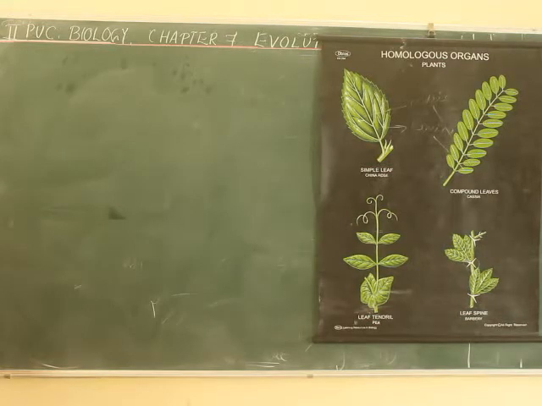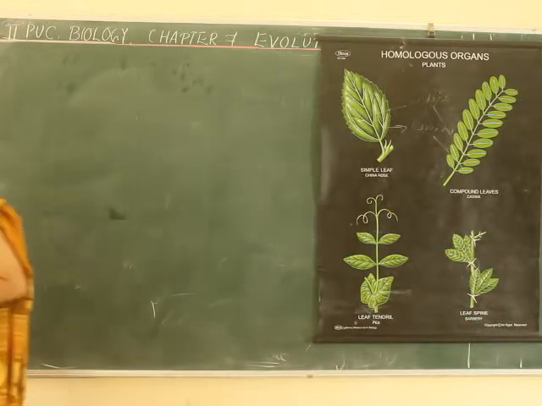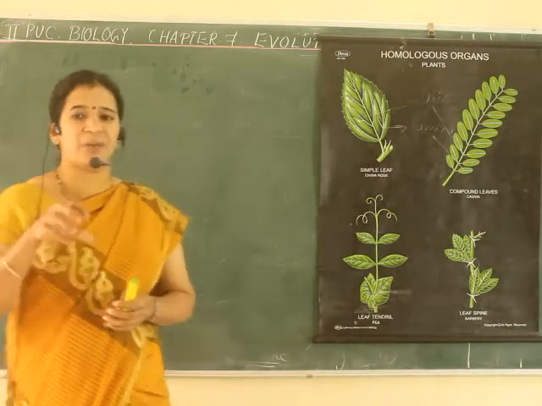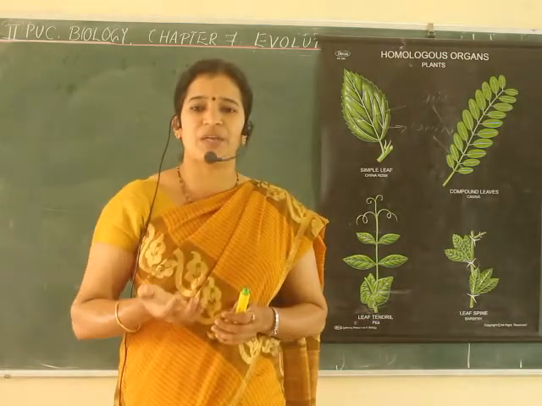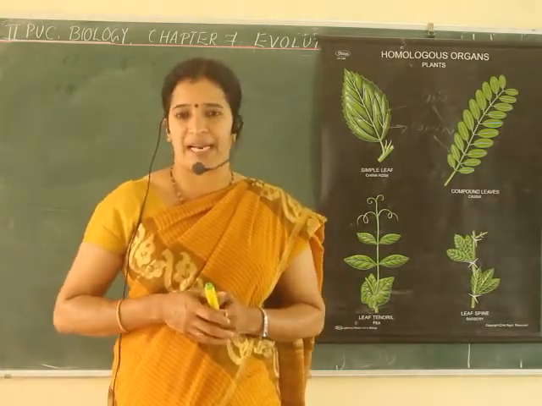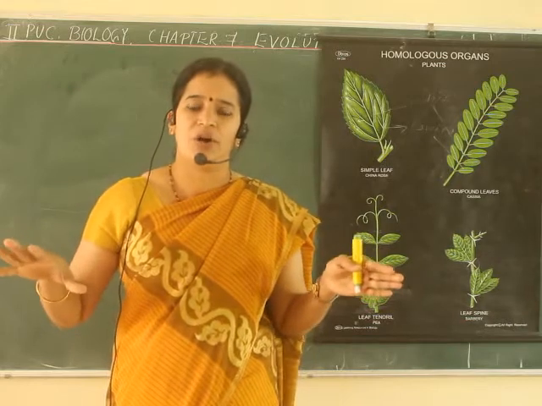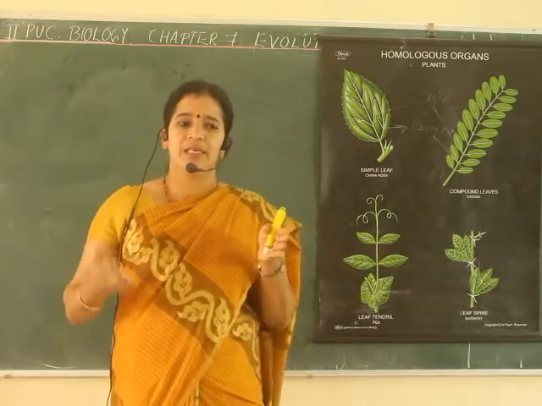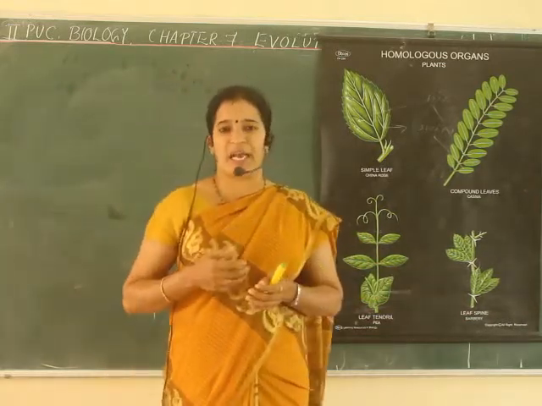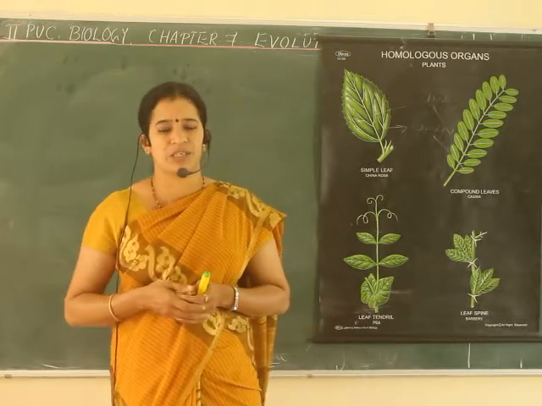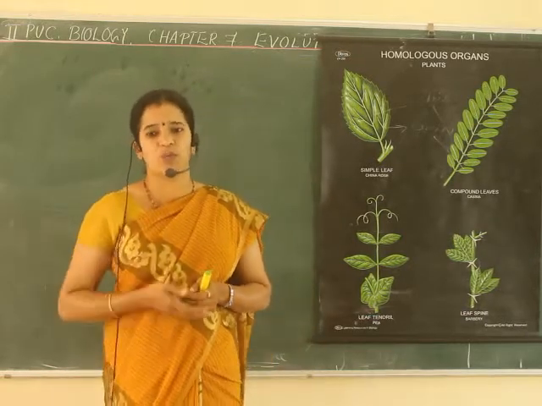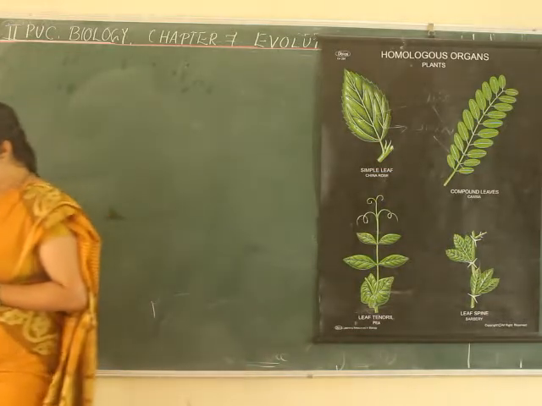He understood that the most superior, advantageous characters will be selected by nature. In this way, natural selection preserves the species with the superior character. Those characteristics will survive more and will be passed on to the next generation.